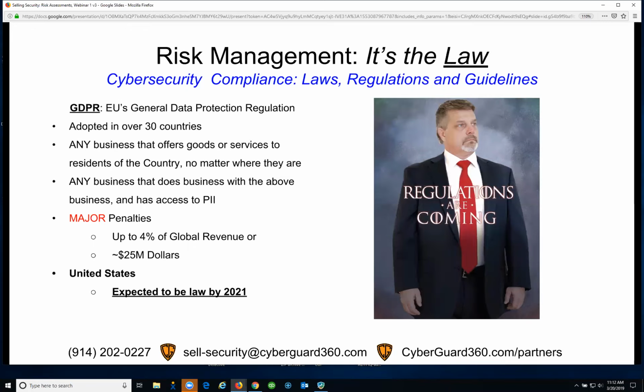CyberGuard 360 keeps track of regulations in all 50 states and all U.S. territories in Washington, D.C. Furthermore, we keep track at the federal level on what's happening relative to regulation around cybersecurity, data privacy, and protection so that we can avail our partners of what's going on.